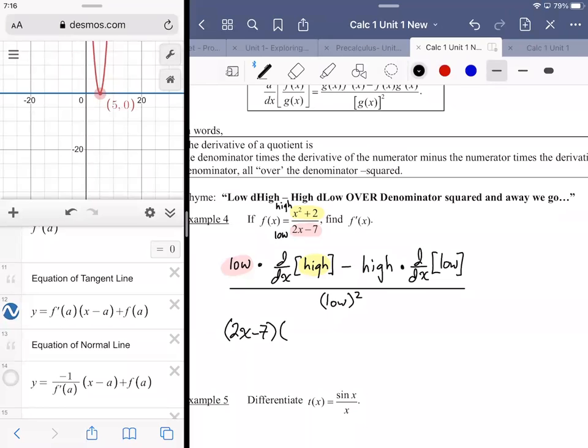The constant goes away, so just 2x. Minus the high, so x squared plus 2, multiplied by the derivative of low, 2x minus 7. So the 2x is really 2x to the first. That differentiates down to just a 2. The negative 7 goes away.